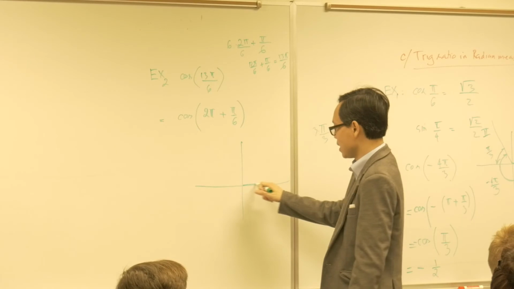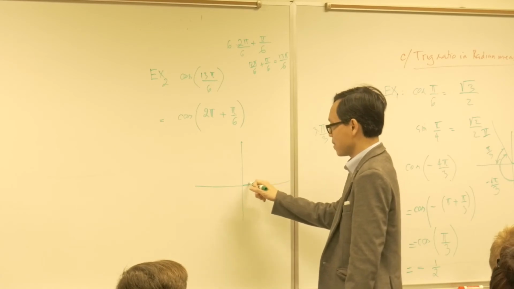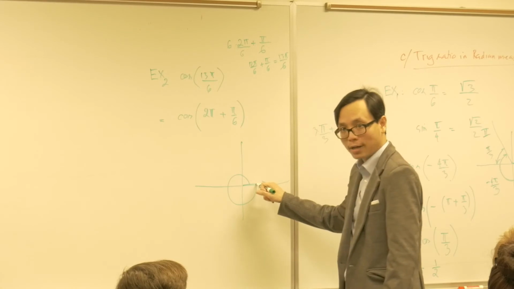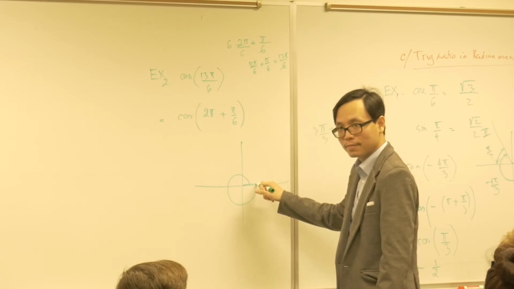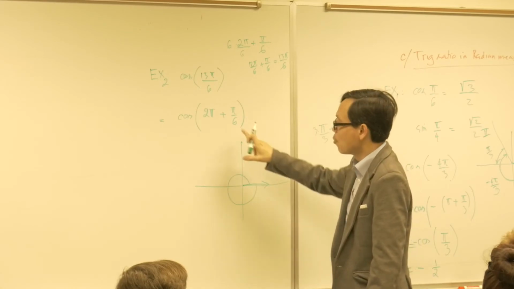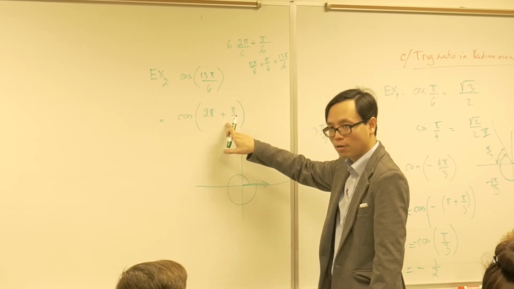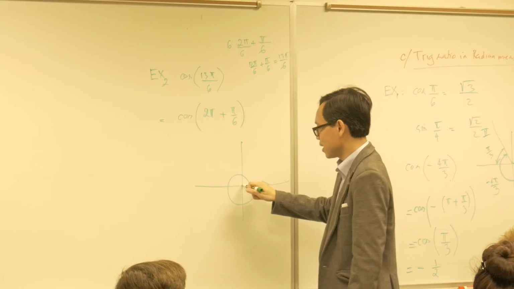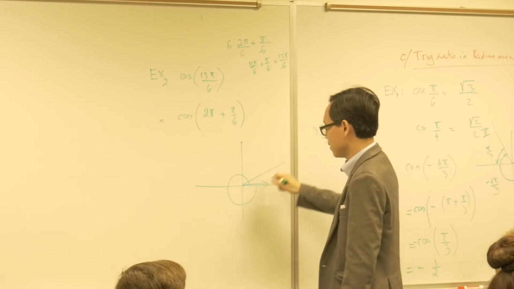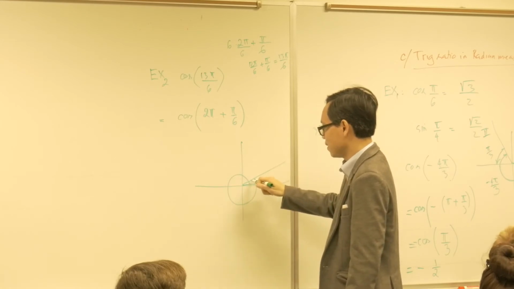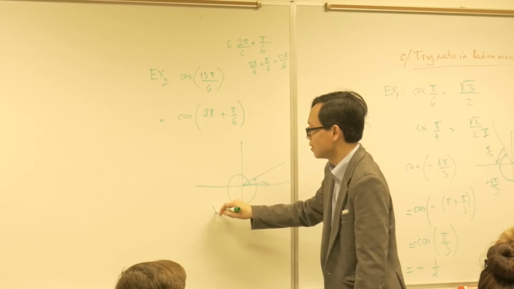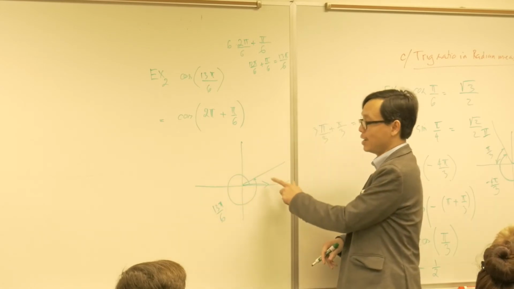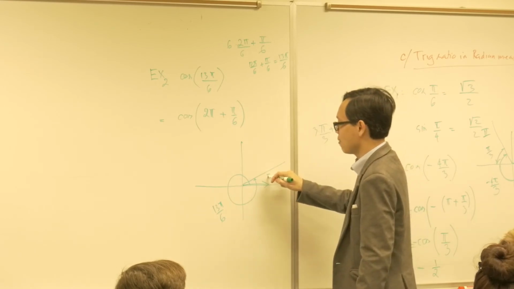Start from the initial side, I go from here to here, one revolution gives you 2 pi. But we add pi over 6 more, and pi over 6 is 30 degrees, so it's right here. The whole thing is 13 pi over 6, and the reference angle is just pi over 6.